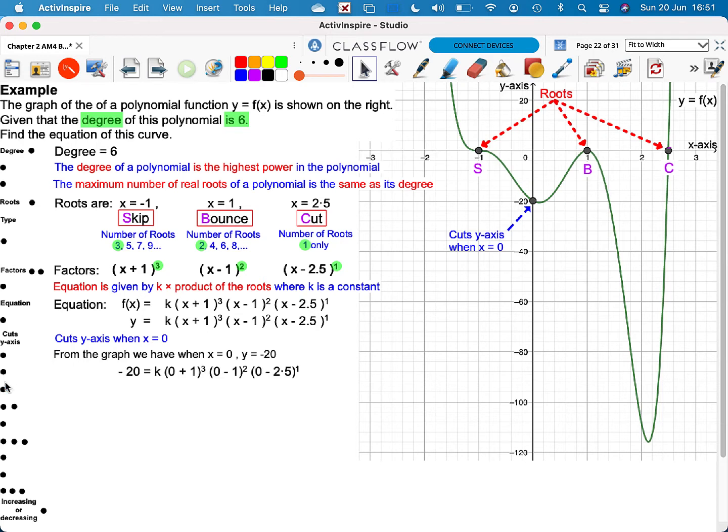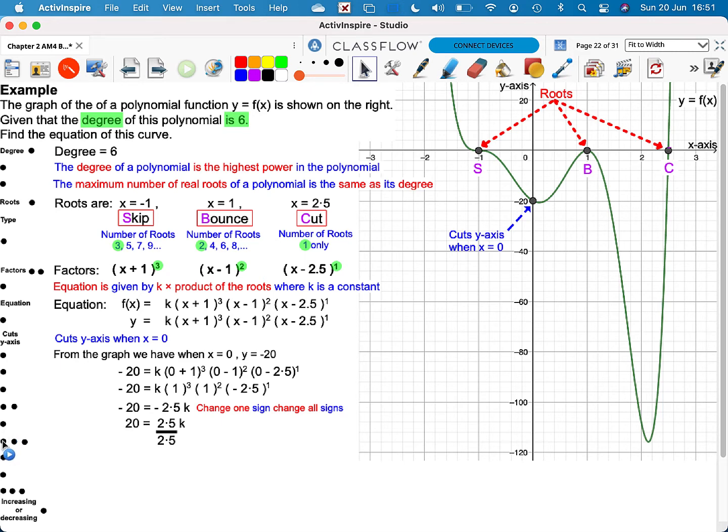So we've got that. Now we're going to do a bit of a tidy up. 1 cubed is 1, minus 1 squared is also 1, and minus 2.5 to the power of 1 is minus 2.5. So we tidy this up and we get that. We change the signs on both sides, and we get 20 is equal to 2.5k.